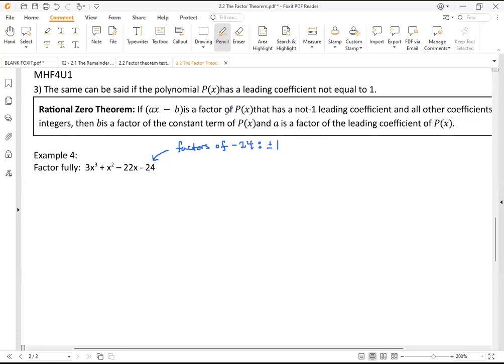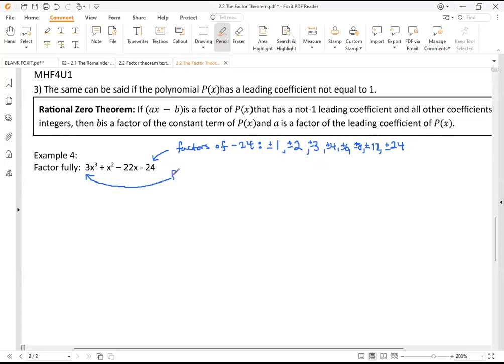So just like the integral zero theorem, look at the last number. This will be either 1 and 24, or 2 and 12, or 3 and 8, 4 and 6. Ooh, that's a lot.